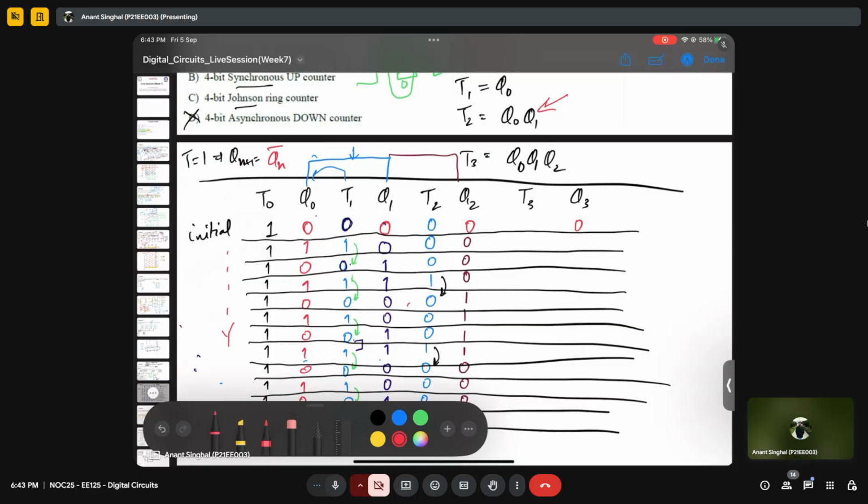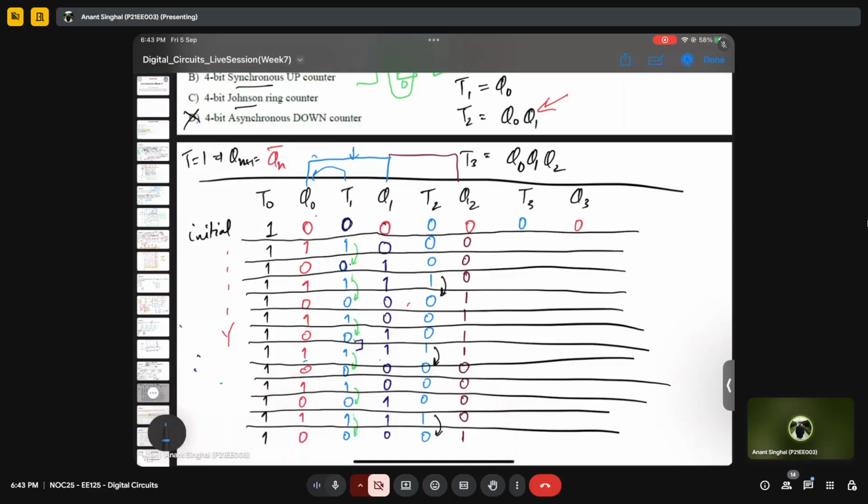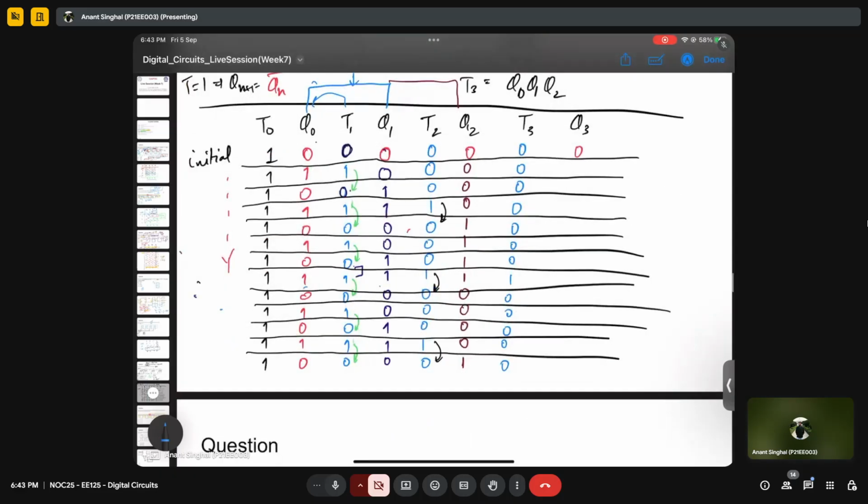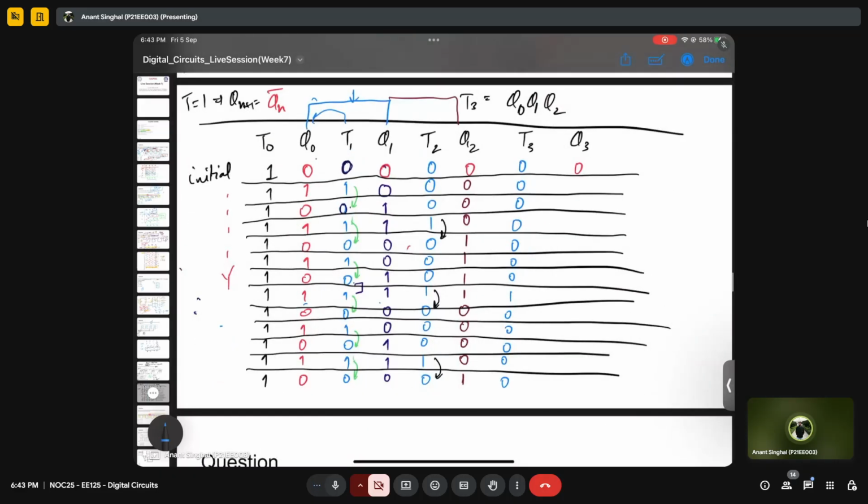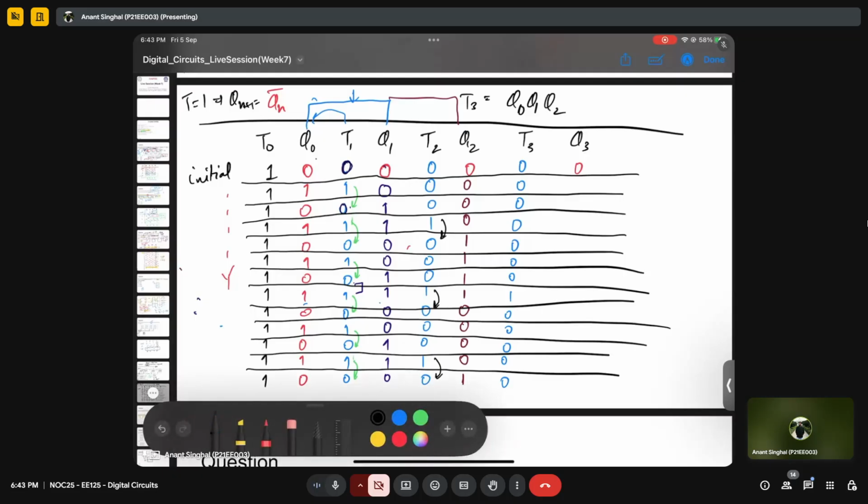Now I'll write. So this will be 0, 0, 0, 0, 0, 0, then 3, 4, 5, 6, 7, 1. So this is again 0 and so on. Now Q3 will only change when there is this toggling.